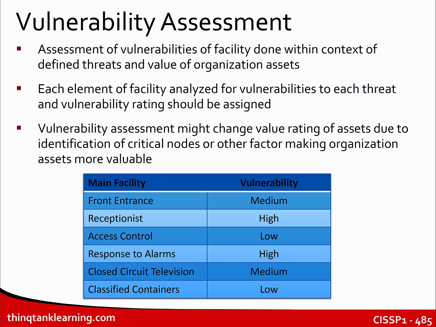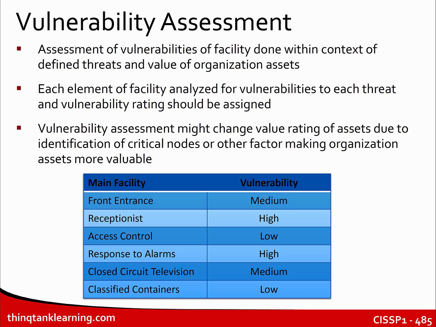The vulnerability assessment might change the value of the rating of the assets due to identification of critical elements or other factors that make those assets more valuable, right? The front entrance has a medium vulnerability. The receptionist has a high vulnerability. Not sure why they would classify receptionist as high, but I guess for social engineering and just because it's a person and not a thing, maybe, and so on, right?